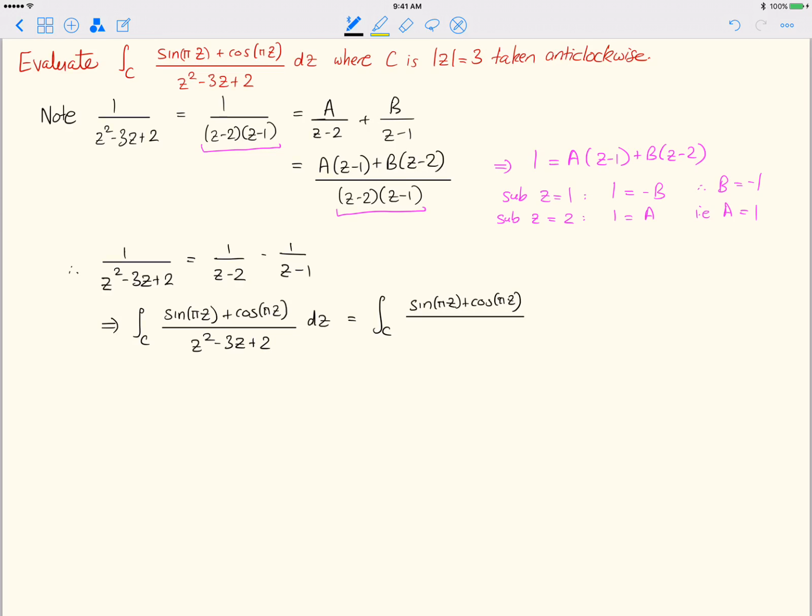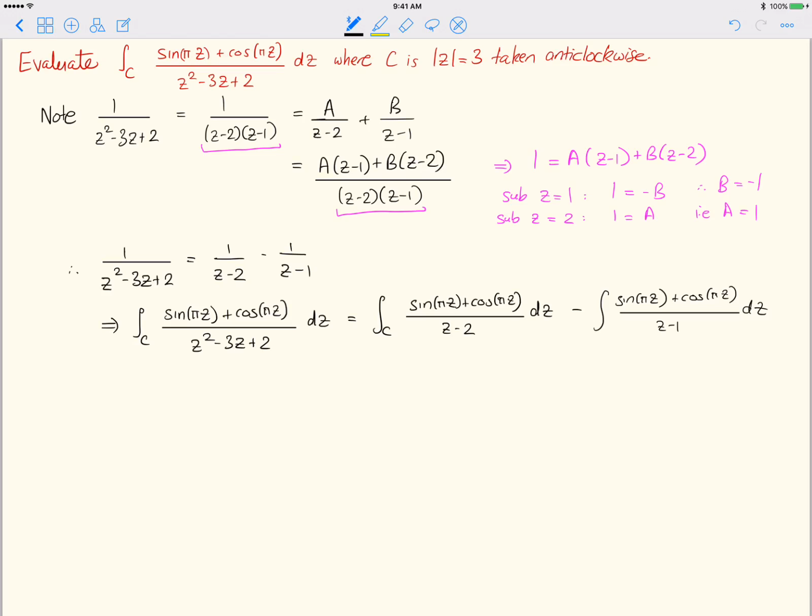So this one over z minus 2 dz minus the same thing over z minus 1, like that.